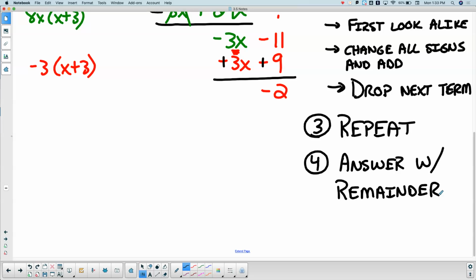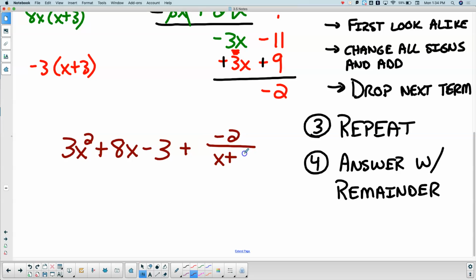Remainder is 0. But 24 divided by 5 is 4 with a remainder of 4. So we have to incorporate that into our answer. So our answer here would be 3x squared plus 8x minus 3 plus negative 2 over x plus 3.